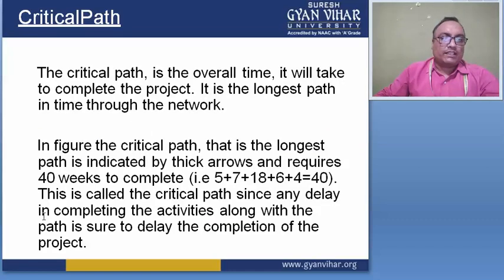For this analysis, in the figure, the critical path, that is the longest path, is indicated by a thick arrow, and it requires 40 weeks to complete. That is 5 plus 7 plus 18 plus 6 plus 4 equal to 40. This is called the critical path, since any delay in completing an activity along this path is sure to delay the completion of the project.